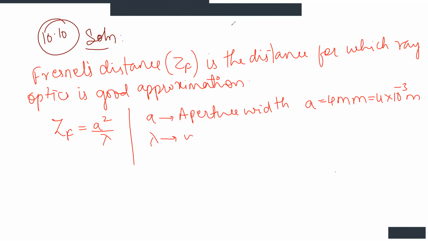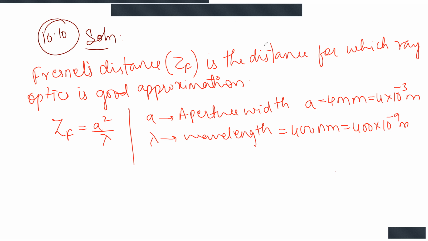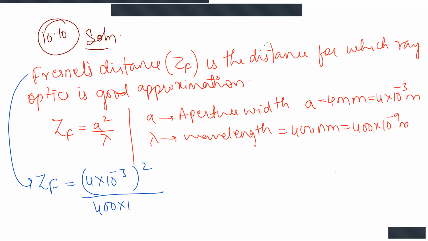Then lambda is the wavelength of light. They have given 400 nanometer, and converting to meter it is 400 into 10 to the power of minus 9 meter. How can we solve this? Just substitute. ZF is the Fresnel distance. So Fresnel distance is calculated by 4 into 10 to the power of minus 3 whole square divided by 400 into 10 to the power of minus 9. If we simplify this, we get 40 meter. Therefore, the distance for which ray optics is a good approximation is 40 meter.